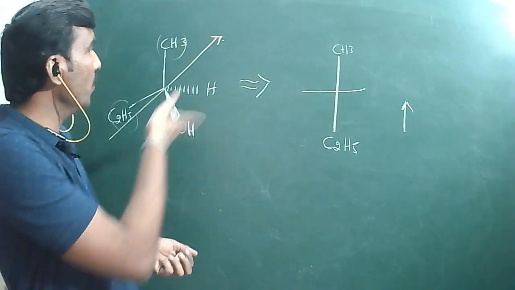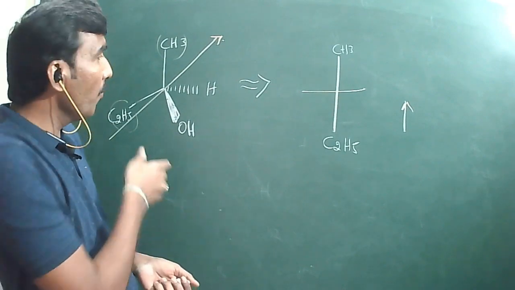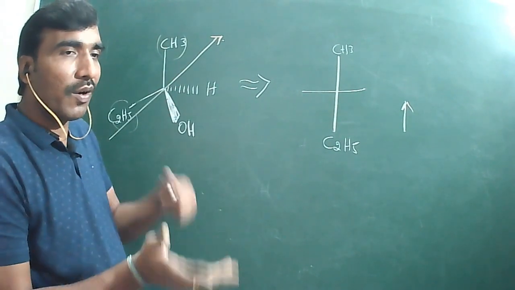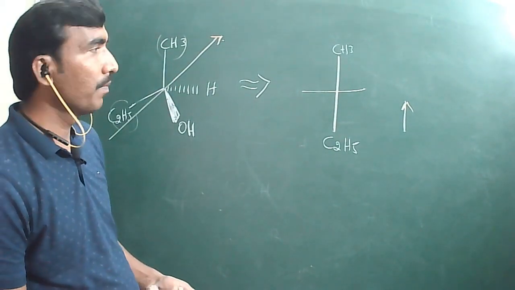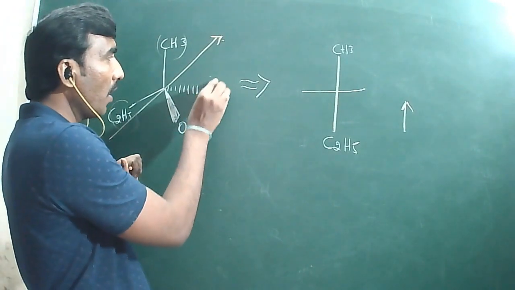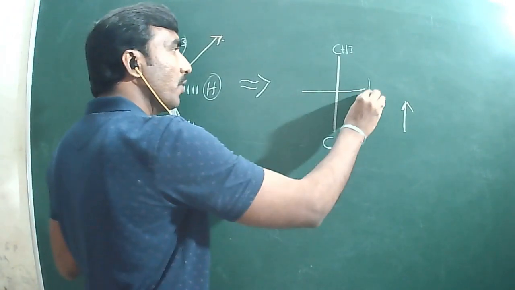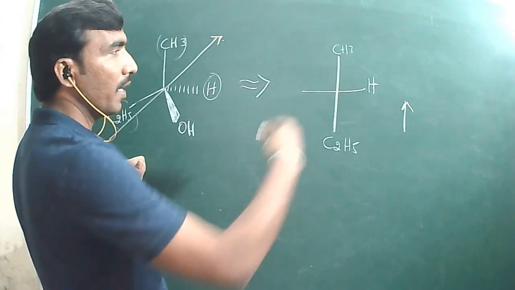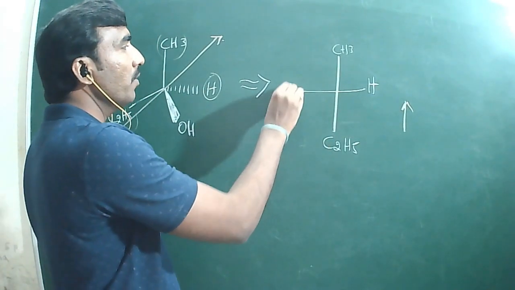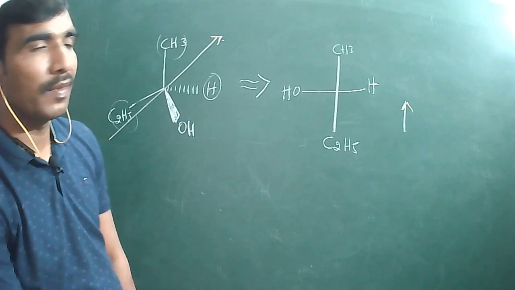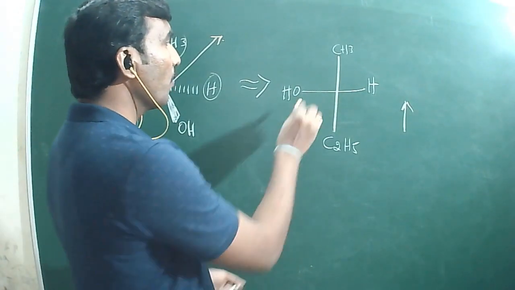For that there is no need to walk. Where is it, right side or left side? Right side, hydrogen. On the dotted line, what do we have? Hydrogen. You write hydrogen on the right hand side, and the thick line should be OH. Over. Now give the numbering.